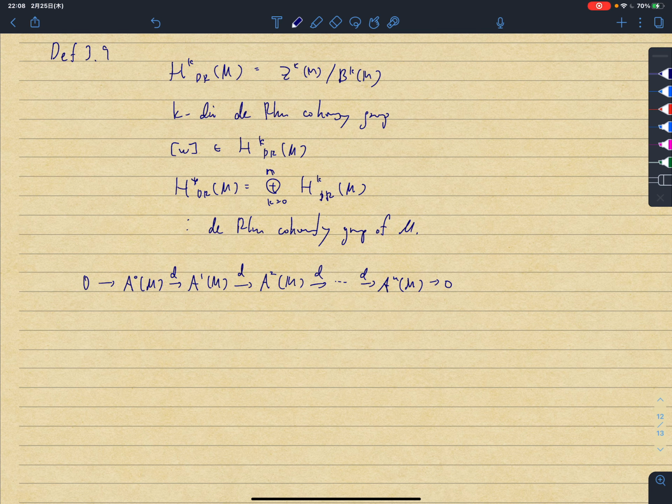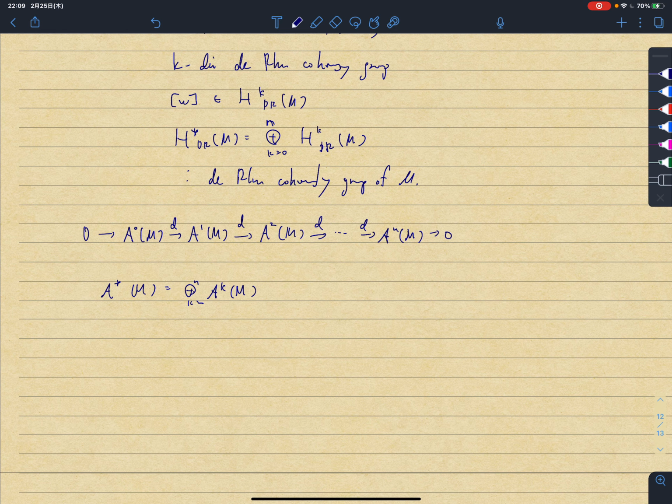We define a new notation. This cochain complex is called the cohomology.